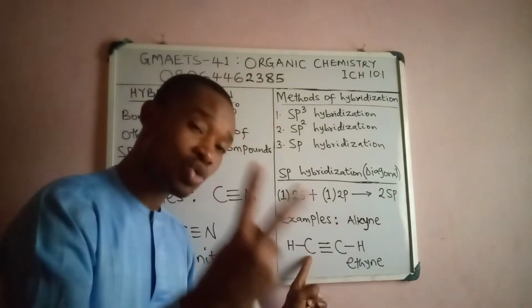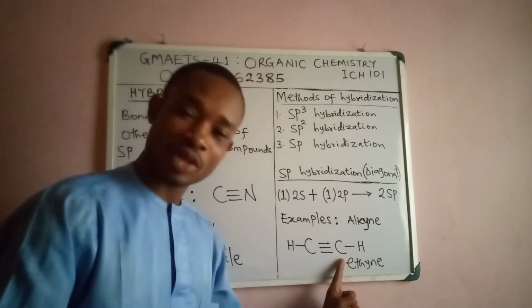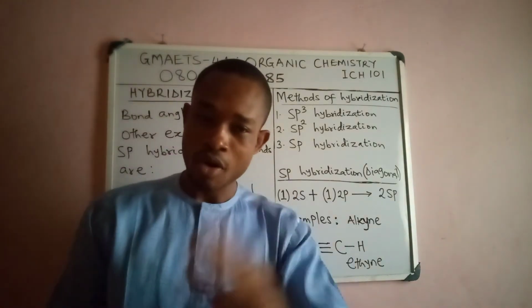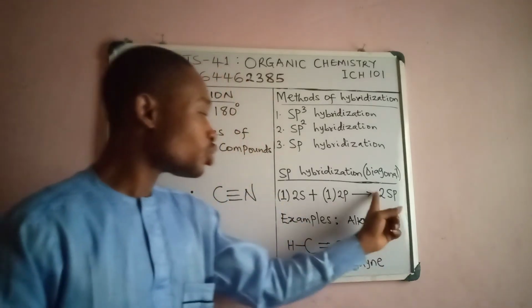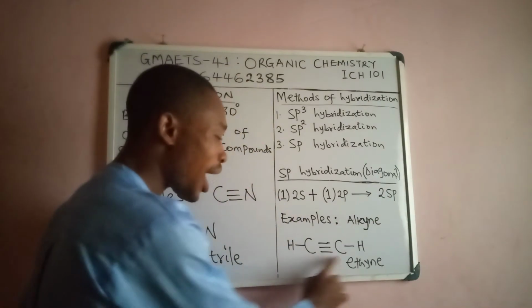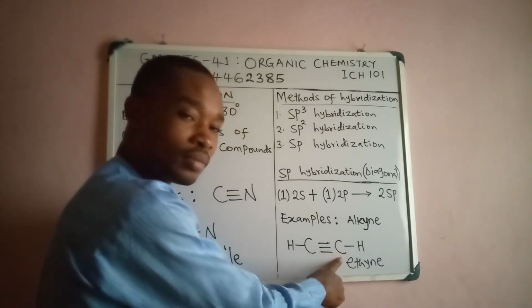So if this has 2 sp hybridized orbitals, and this has 2 sp hybridized orbitals, altogether there will be how many? 4 of them. Now, what happens here when this carbon is linking with this carbon?